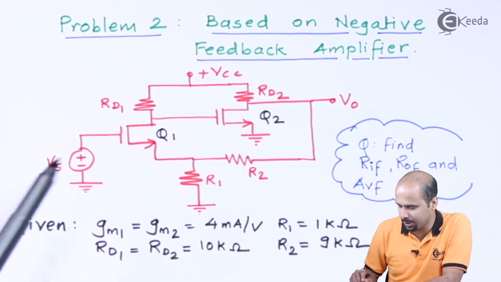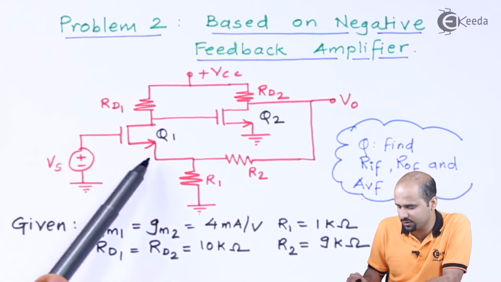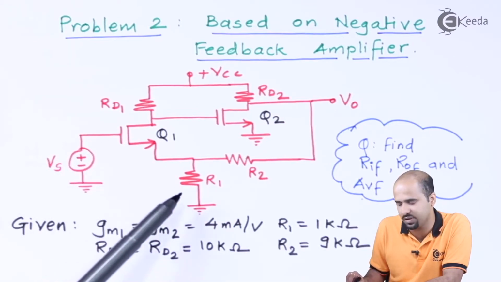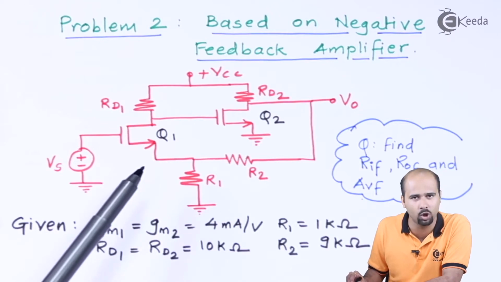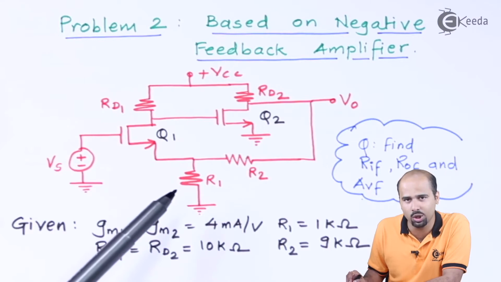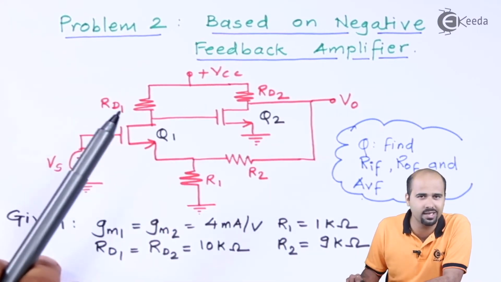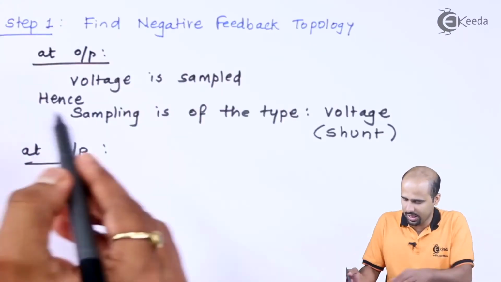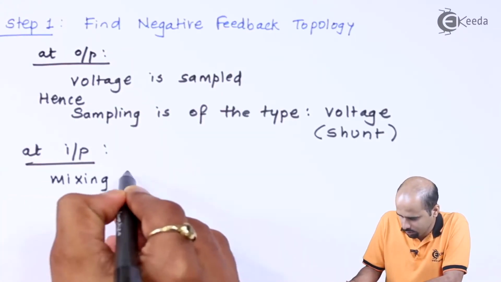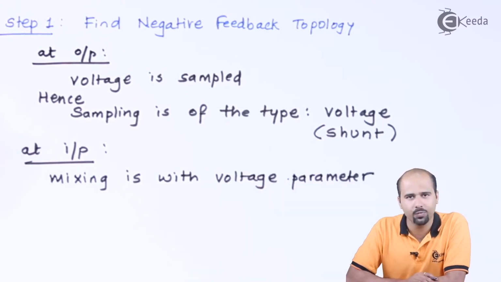In the mixing phenomenon, Vs is the addition of Vi and Vf, the feedback voltage. So Vs is the addition of Vi and Vf, which means it's series mixing. Here the voltage parameter is mixed with the input signal as voltage only.